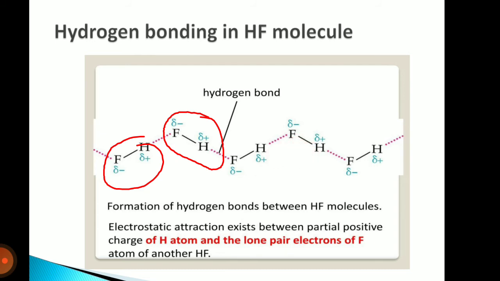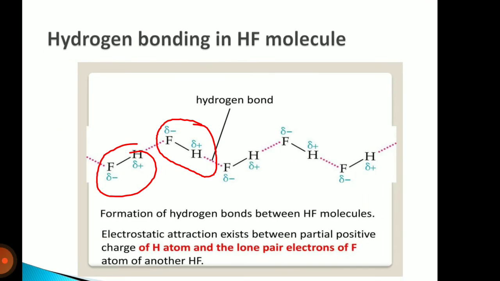So in this way n number of HF molecules are joined together by this weak bond called a hydrogen bond, and hence along with the covalent bond between hydrogen and fluorine, there is an additional bonding in the form of hydrogen bond throughout the crystal, throughout the cluster of HF. Hence HF has a very high melting and boiling point.